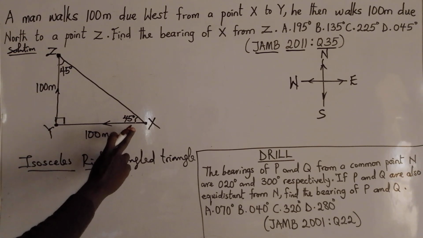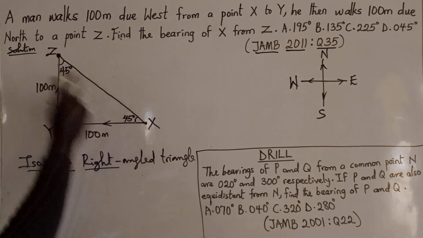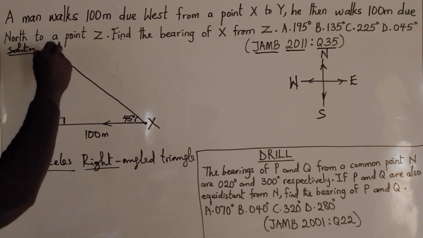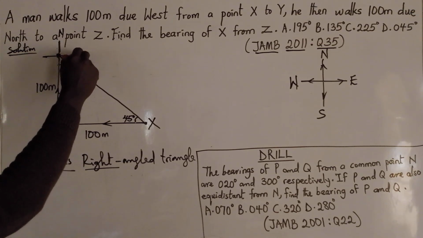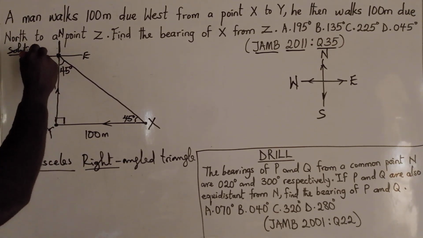We want to calculate the bearing of X from Z. We can draw the four cardinal points here: this one as north, this one as east, this one as west.